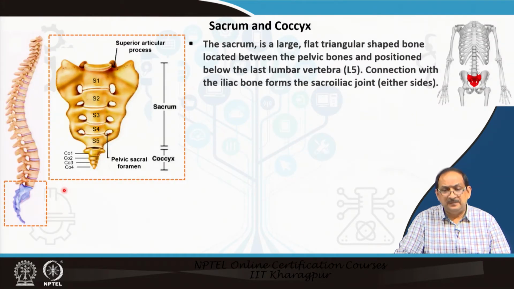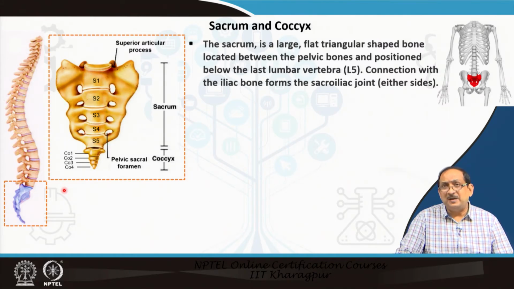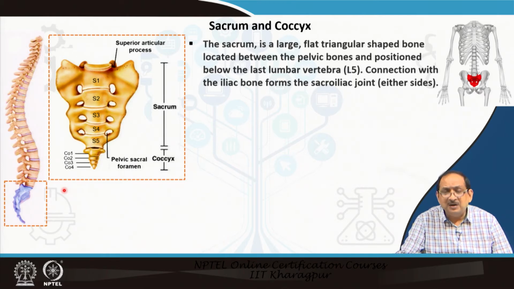Let us come towards the end of the vertebral column, wherein we have the sacrum and the coccyx. The sacrum is a large flat triangular shaped bone nested within the two pelvic bones on either side and positioned below the last lumbar vertebra, L5.